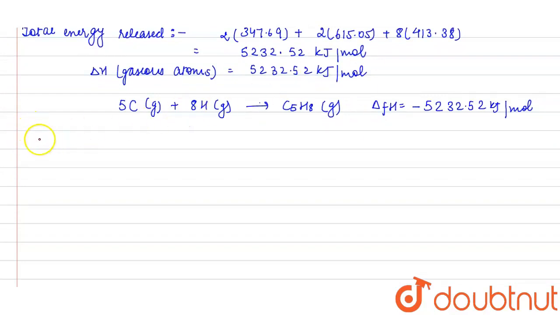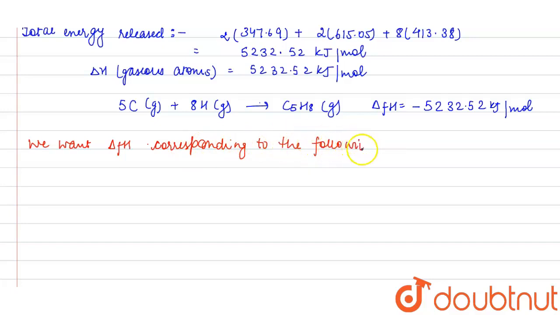But we didn't need to calculate the delta H of formation for this reaction. Actually we want the delta H of formation corresponding to the following reaction, and the reaction I will write here: 5C graphite plus 4H2 gas gives C5H8 gas.